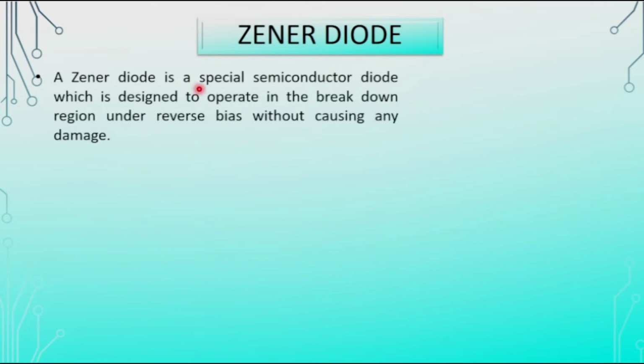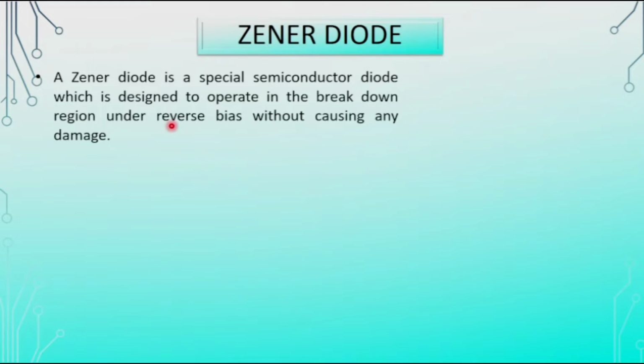A Zener diode is a special semiconductor diode which is designed to operate in the breakdown region under reverse bias without causing any damage. We have seen that the normal PN junction diode can be forward biased or reverse biased, and in the reverse bias case, at a particular reverse bias voltage there is a breakdown.